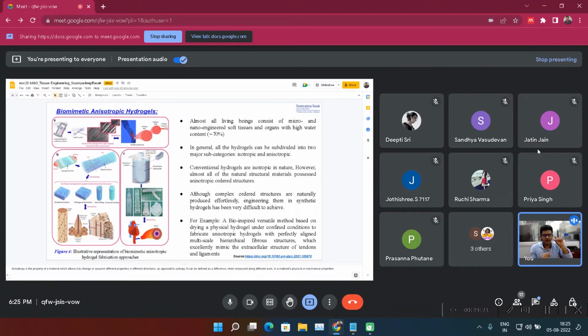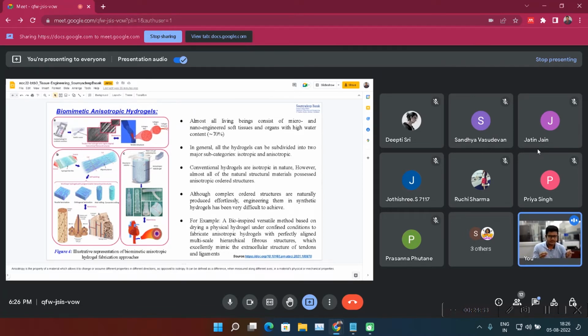So the synthetic polymer-based or natural polymer-based hydrogel that we are synthesizing, if you cut it and characterize it at a particular angle, its properties would be the same in every direction. But what are the systems that we find in vivo or in nature? They're not always isotropic or regular. We need to find solutions by which we can create this kind of irregularity.